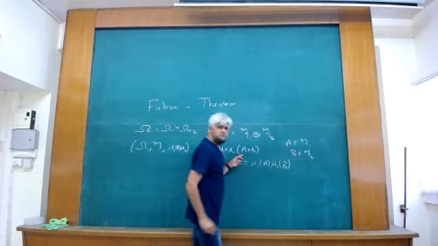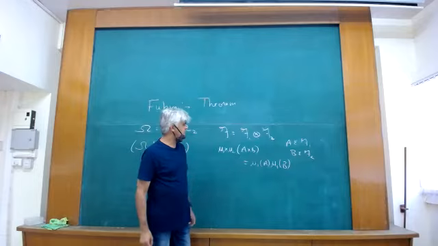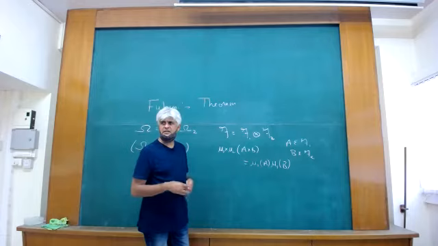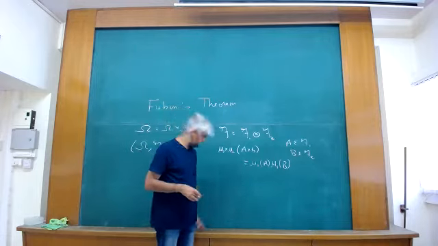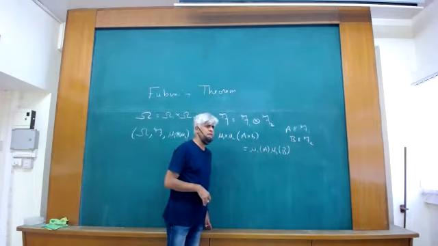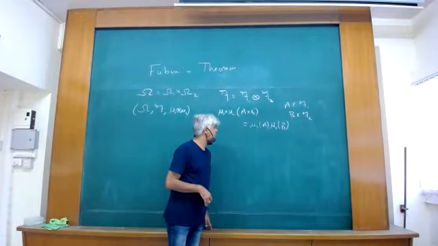So you look at a measure which agrees with these sets A and B belonging to F1 and F2, and this will have a unique extension, and that's your measure mu1 cross mu2 on the product space. So this is all well defined.